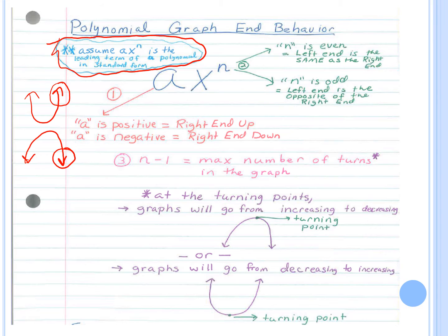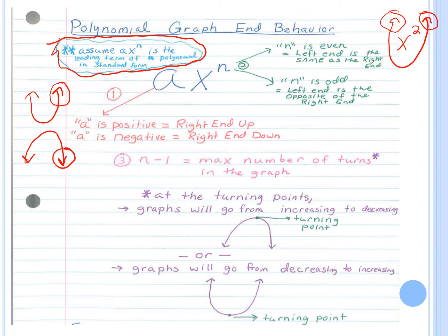Now let's turn our focus to the exponent. If n is even, if that exponent is even, the left end is going to be the same as the right end. Let's look at x squared, because x squared has an even exponent. So if your exponent is even, your right and left ends are going to be doing the same thing.